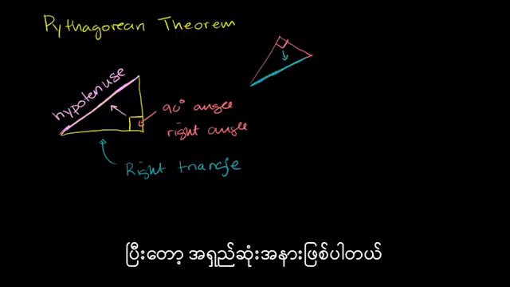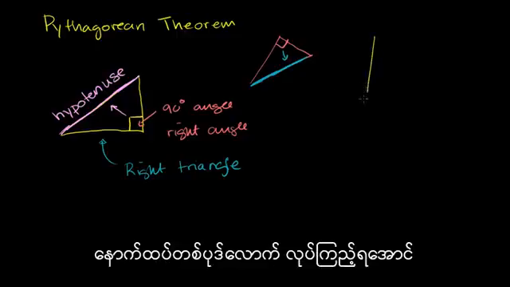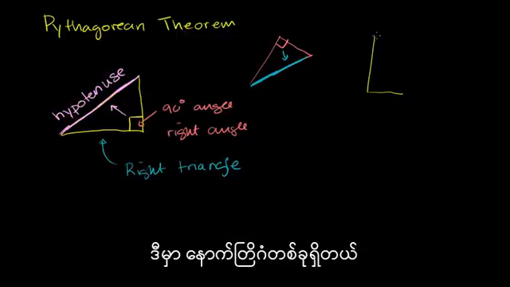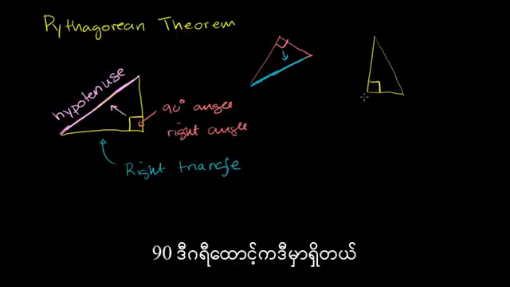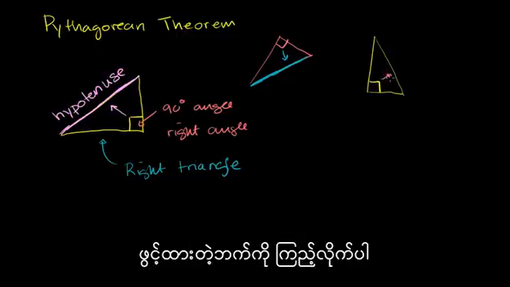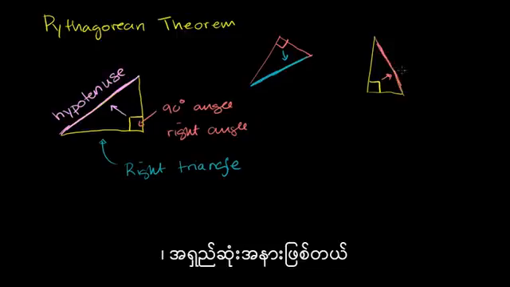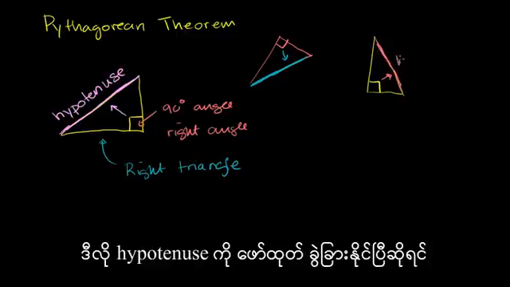It is the longest side. Let me do one more, just so that we're good at recognizing the hypotenuse. Let's say that that is my triangle, and this is the 90 degree angle right there. You look at what it opens into, that is the hypotenuse. That is the longest side.